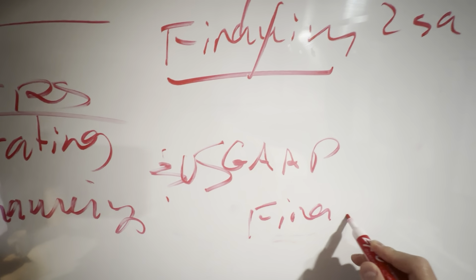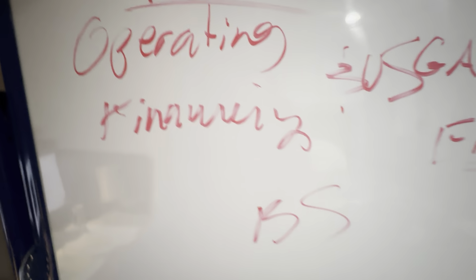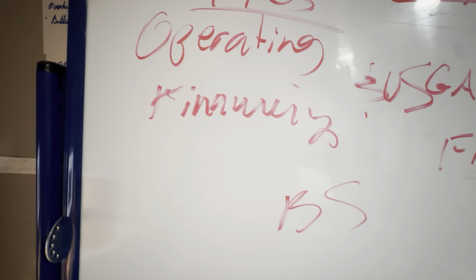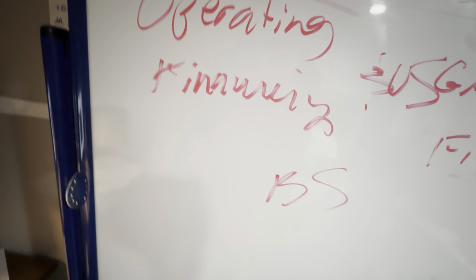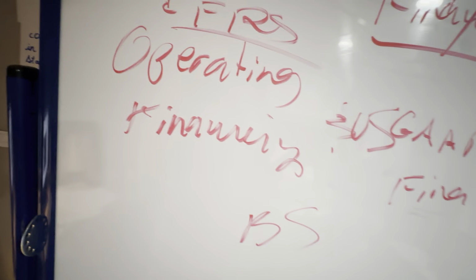Okay, so on the balance sheet, you're going to generate two things. You're going to have a liability, and you're going to have an asset. It's going to be called the right of use asset on the balance sheet.